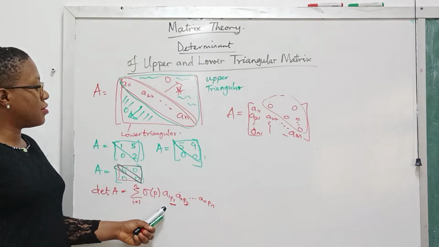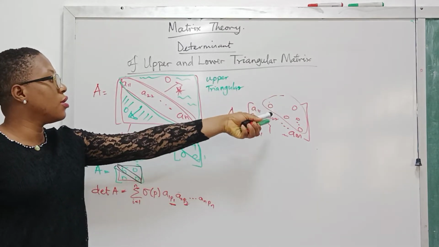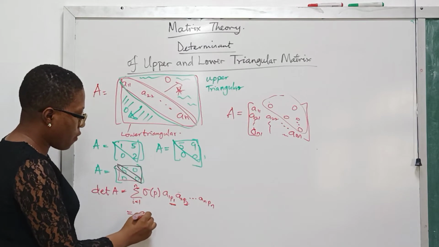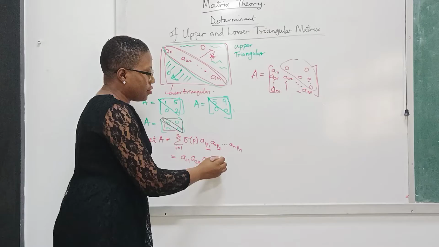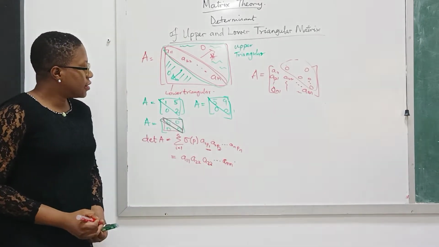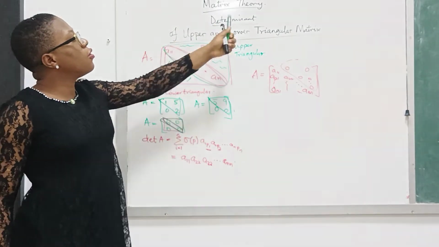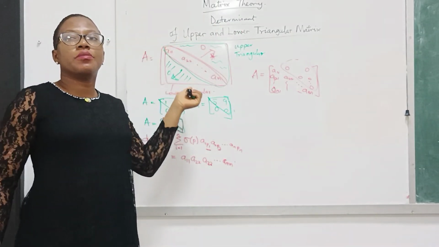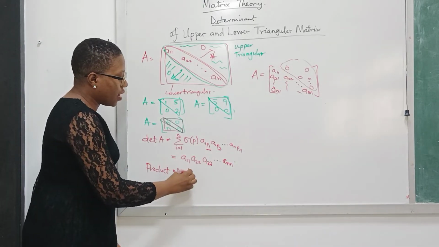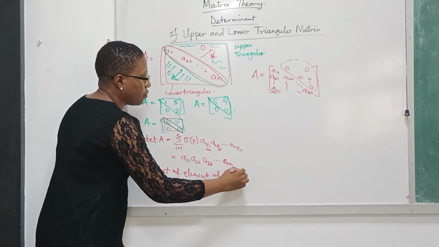So the only time that this formula will not have an element of the upper part of the matrix is if we have A11 times A22 times up to ANN. So whether you have an upper triangular matrix, a lower triangular matrix or a diagonal matrix, the determinant is simply the product of the elements of the principal diagonal.